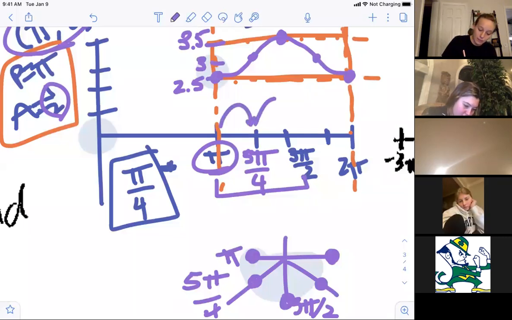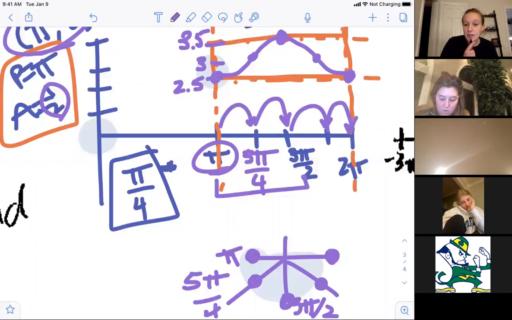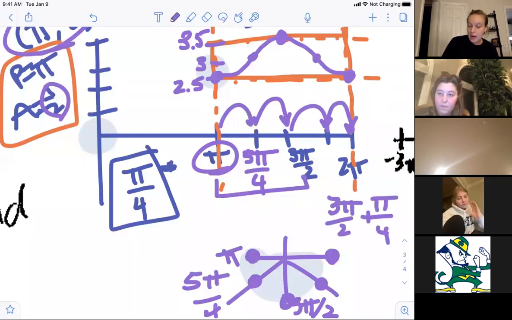Plus pi over 4, plus pi over 4, plus pi over 4. Now to find that very fourth point, you can do 3 pi over 2 plus pi over 4, but that would require more denominator changes than I want. So I decided to go backwards because I thought that would make more sense in my head.